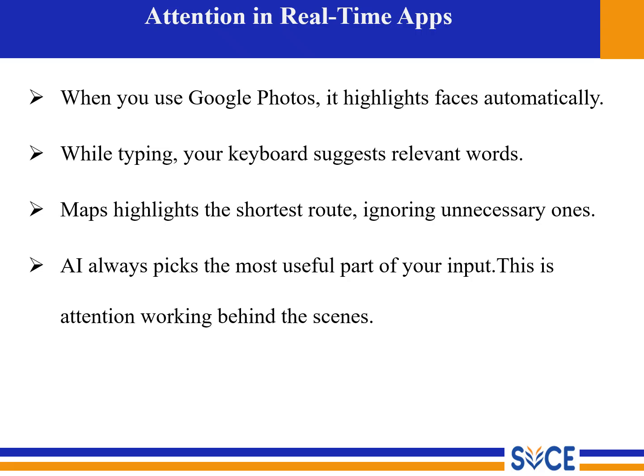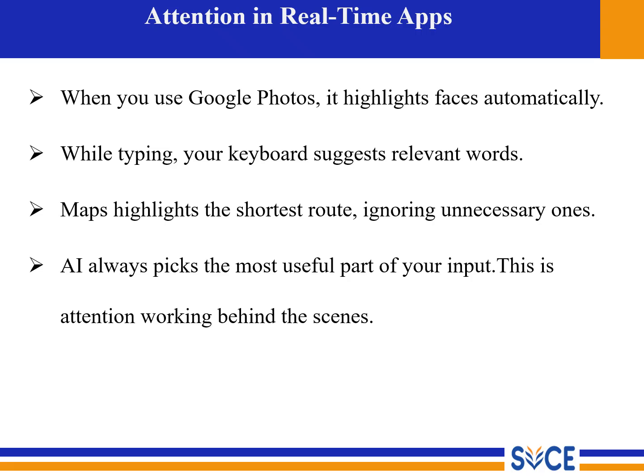It is focusing on patterns like eyes, nose, and face structure. Similarly, when you type on your phone, the keyboard suggests the next word. It does not consider all the possible words. Instead, it predicts based on context and relevance.